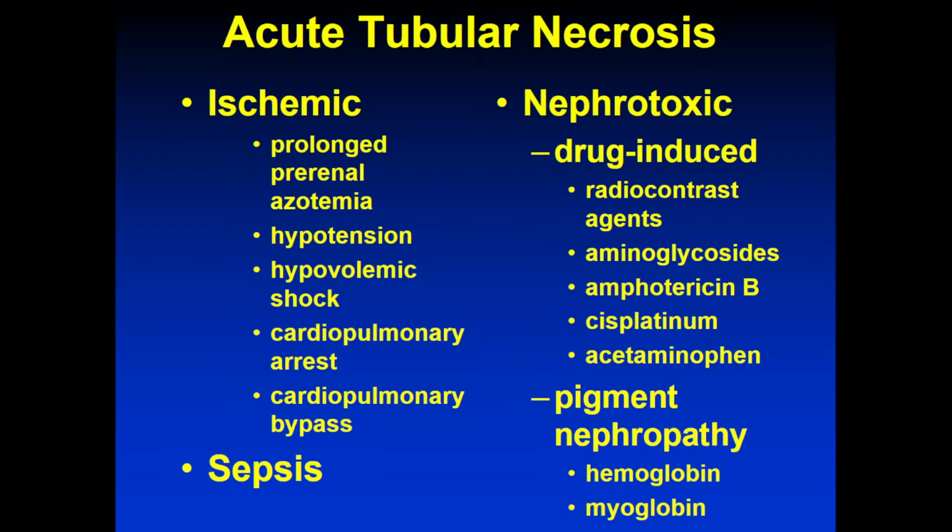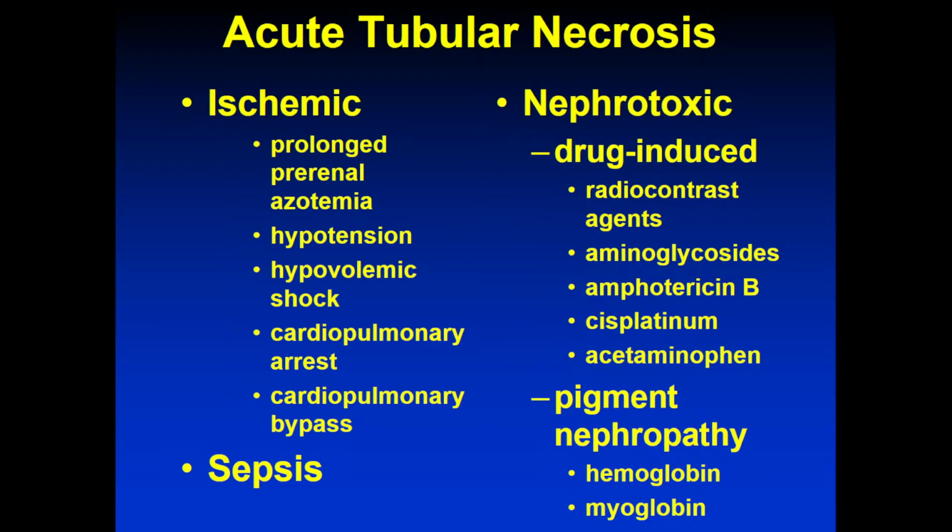It may be ischemic due to prolonged prerenal azotemia, due to hypotension, due to hypovolemic shock, due to cardiopulmonary arrest, and in some cases following the cardiovascular surgery in cardiopulmonary bypass. But the most significant is the septic condition.